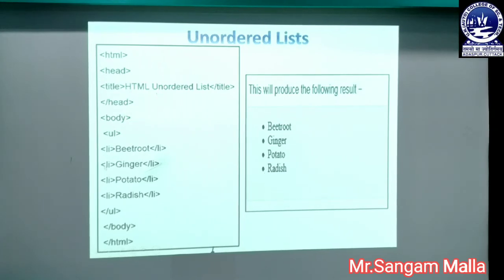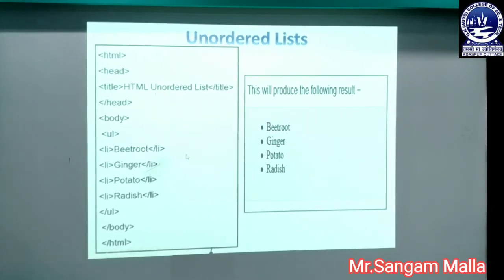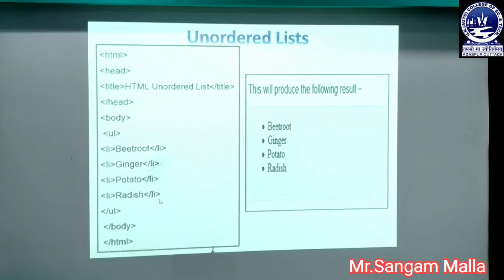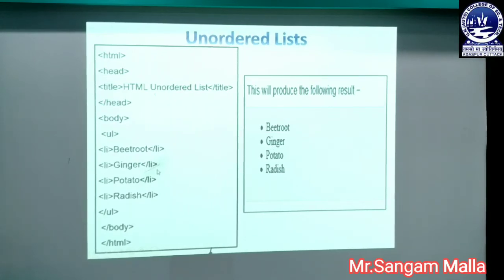Every text in an li tag is a separate list item, and there is no br tag after each li tag. After the closing li tag, the cursor automatically moves to the next line, so there is no need of a br tag when using the list tag.